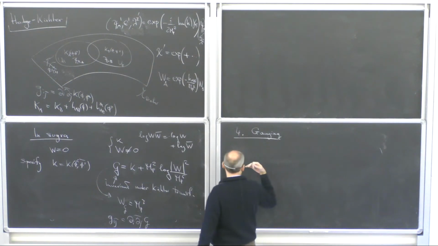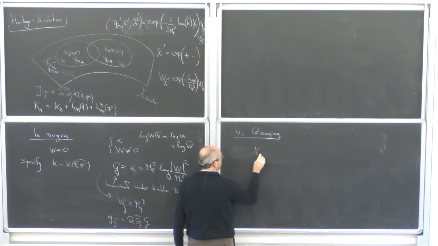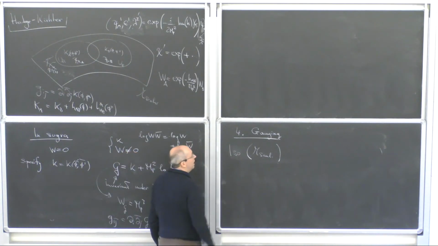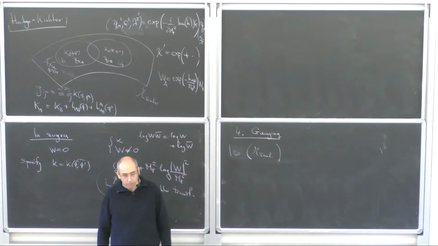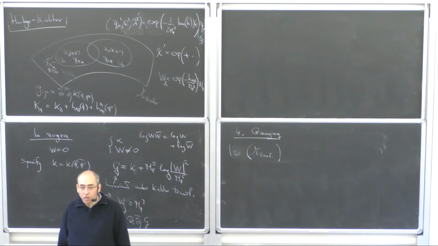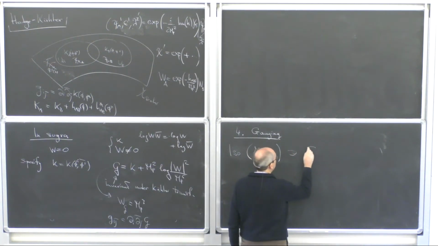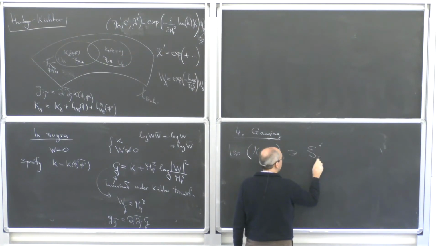So assume that I have a scalar manifold, which is the scalar manifold of my chiral multiplets, and then I have isometries on the scalar manifold. Now you know that the isometries are going to build a Lie algebra, so these isometries are going to be labeled by some Killing vectors.